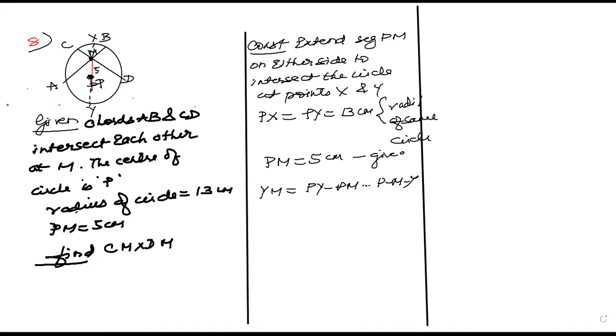I'm finding YM, children. YM equals PY minus PM. So PY is 13 minus 5. How much do you get? 8 centimeters.